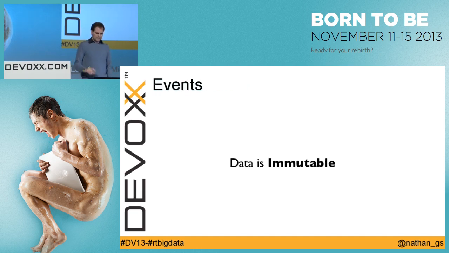And data or events are immutable. And this is really an essential property. We're going from a CRUD world, create, read, update, delete, to just a create and read world. Of course, the information that we're going to use might change, but the underlying events or data doesn't.